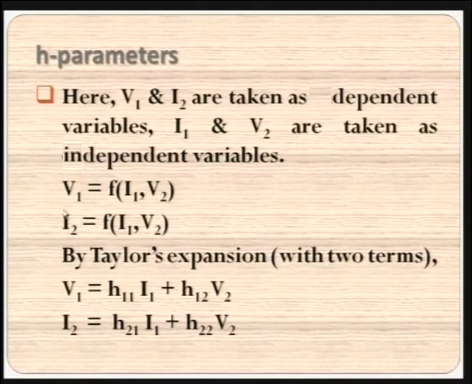So, here we have these equations written. We have taken one I, that is I1, and one V, that is V2, as the independent variables, and the remaining two as the dependent variables. So, this equation clearly gives us an idea. And here also, by taking the partial derivatives, we can write these functions in this form. So, we have the 4 H parameters, H11, H12, H21 and H22, and they also have significance.